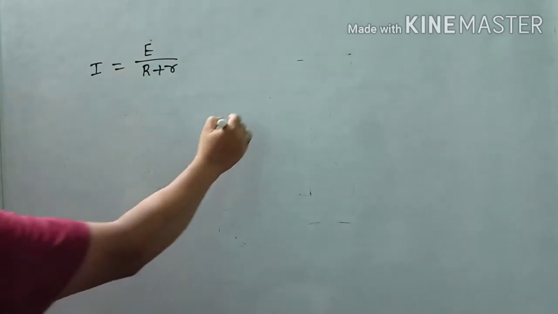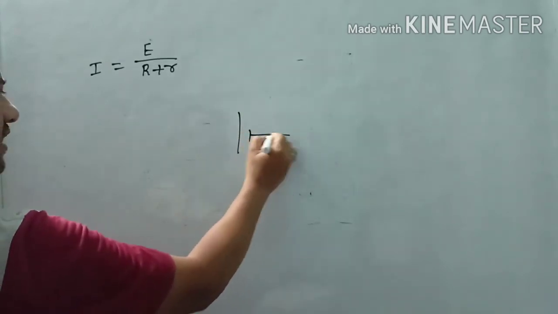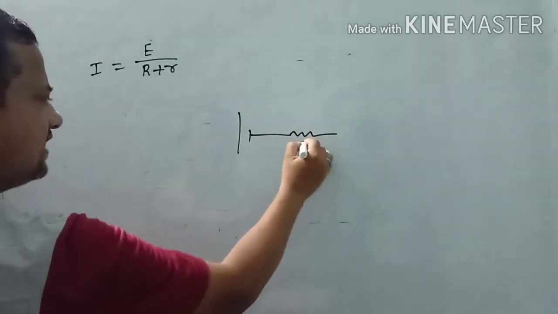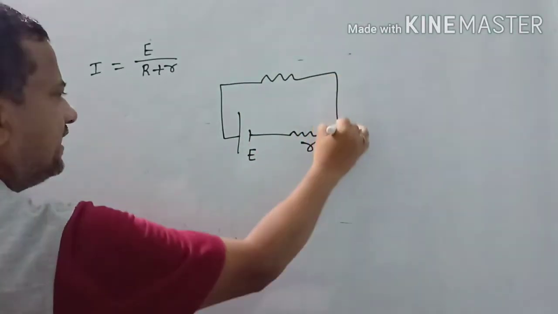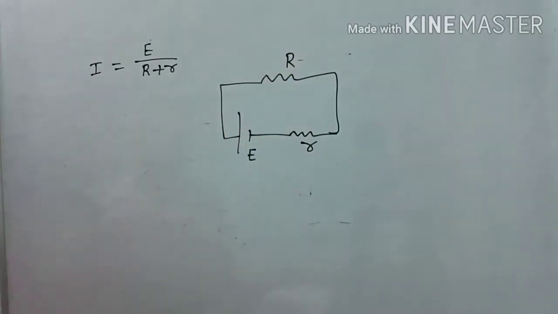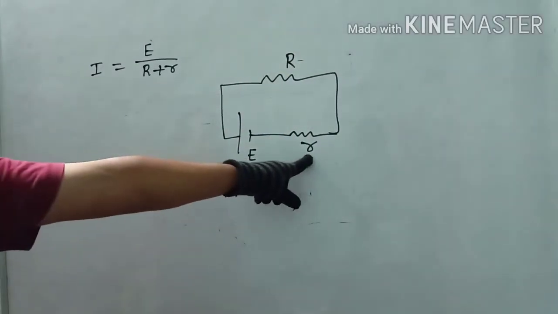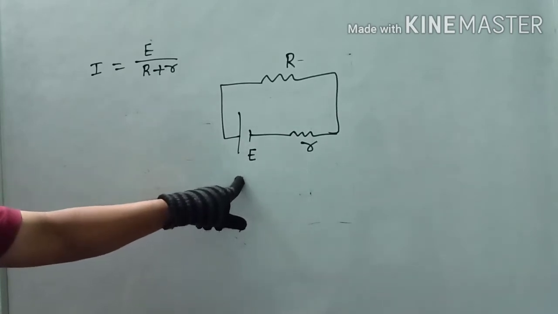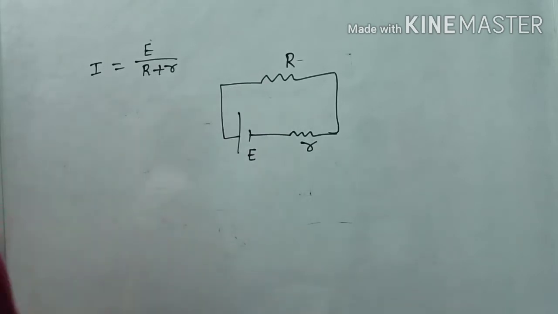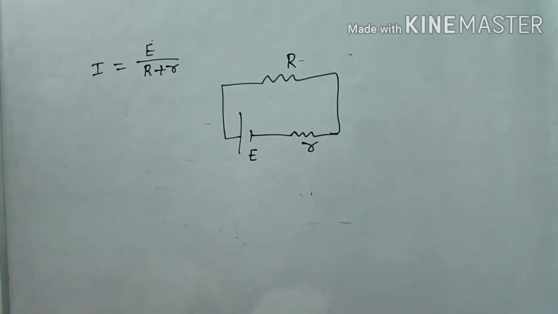This is the case of a cell with internal resistance r. This is the external resistance R. Small r is the internal resistance of the cell of EMF E, electromotive force. Capital R is the external resistance. Keep in mind, every cell has internal resistance.